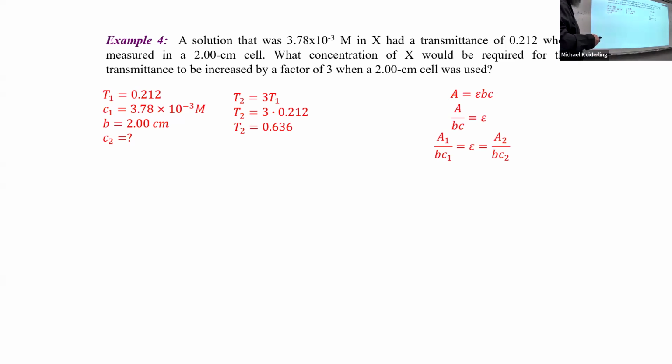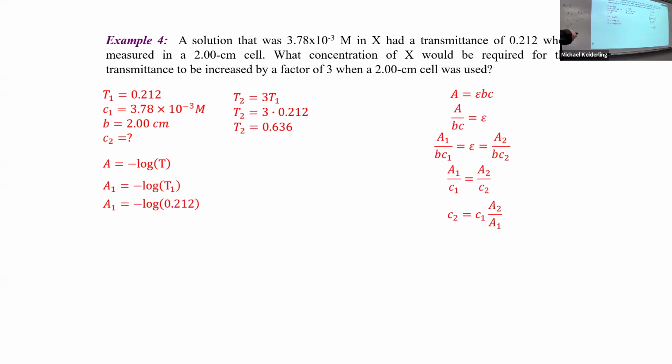So here's our formula. We know B is the same in both of these. So A1 over C1 equals A2 over C2. So C2 equals C1 times A2 over A1. A is minus log transmittance. So A1 is minus log of 0.212, and A2 is minus log of 0.636.